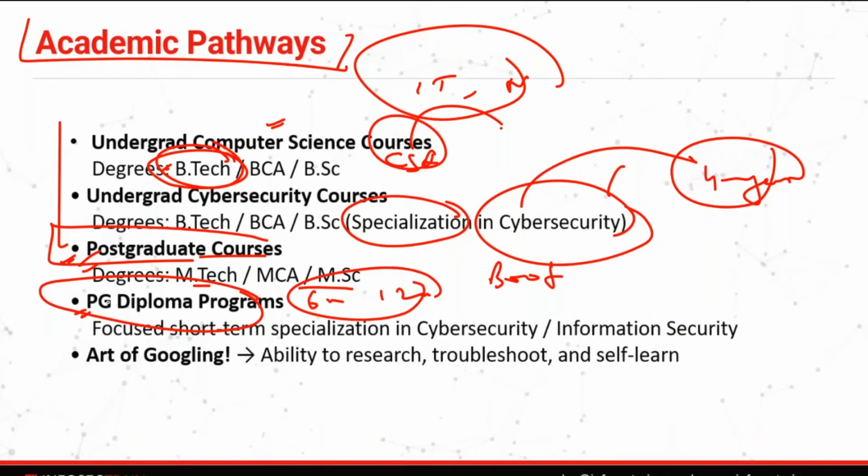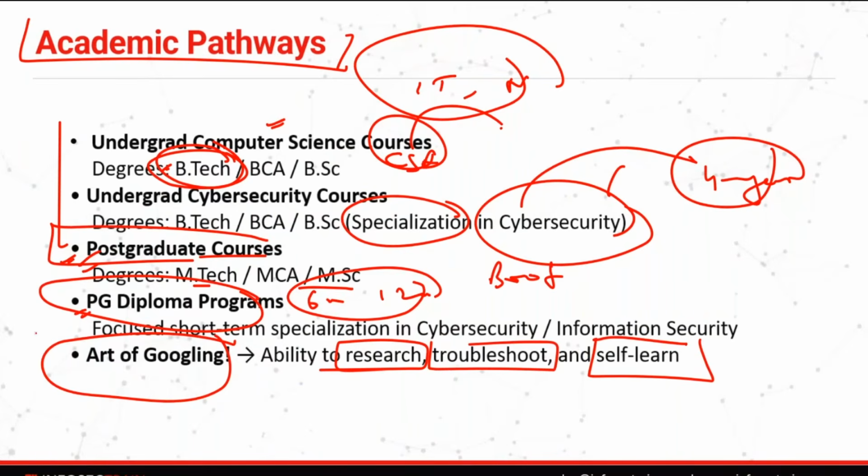And the last part is a very important part: the art of Googling. So the ability to research, the ability to troubleshoot, the ability to self learn. If I have to say, out of everything, this is the most important skill that you need to have, guys, in cybersecurity, because every day you need to learn something new.